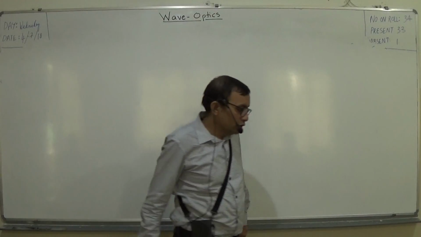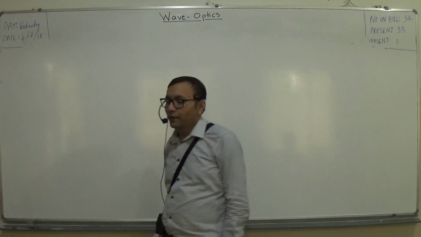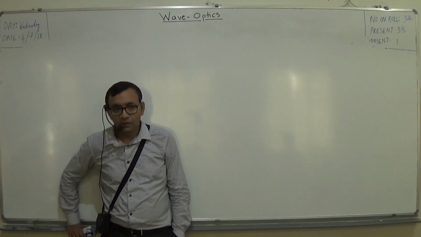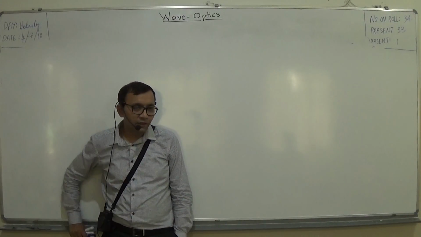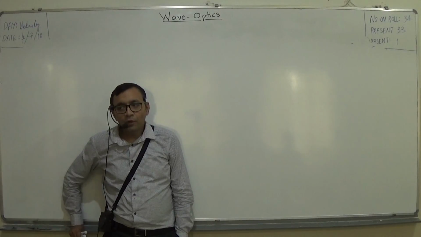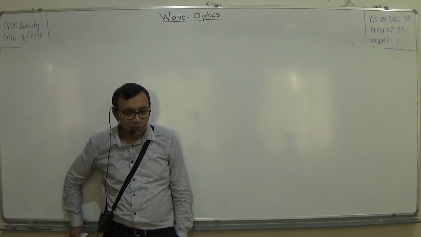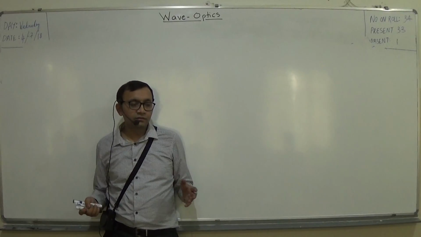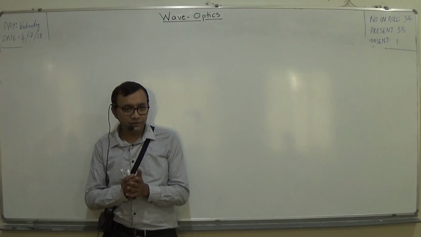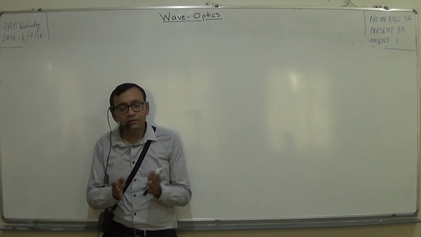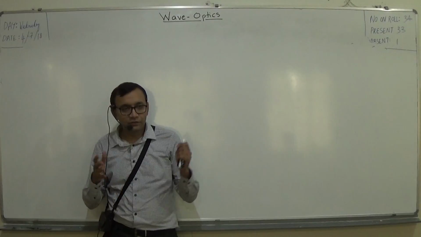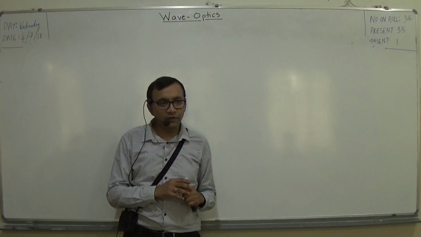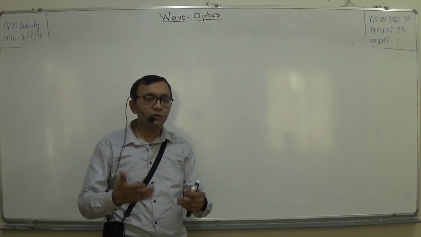But there was one experiment, Young's double slit experiment, which Newton could not explain. That we are going to take up a little bit later. My point is that it took years and years and effort to create the concepts of wave optics, because all the big so-called scientists were fascinated with the particle nature of light. It took a lot of time for wave optics to take shape.